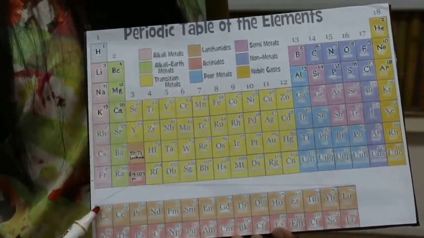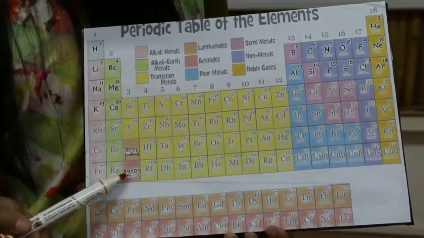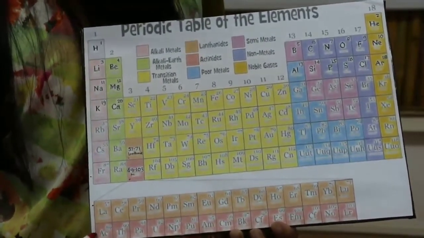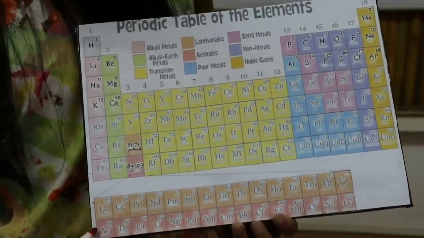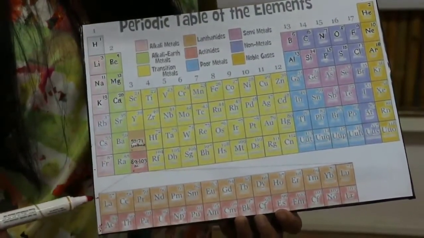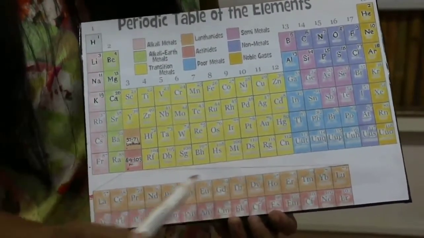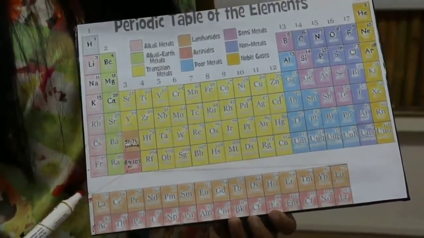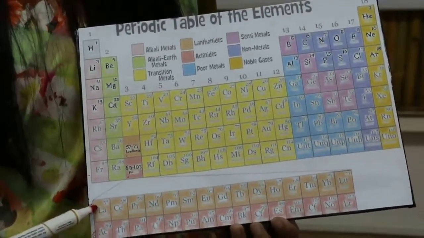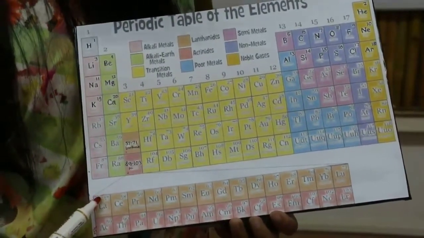This is the one from 57 to 71, and the elements of this column are put in another row below the table, from 89 to 103. This block here is called the lanthanide series because it starts with the element La, that is lanthanum. These elements are called rare earth metals.